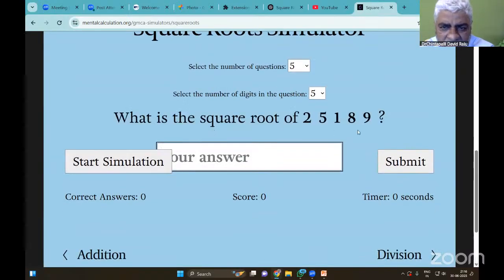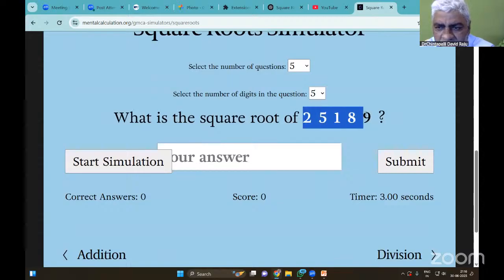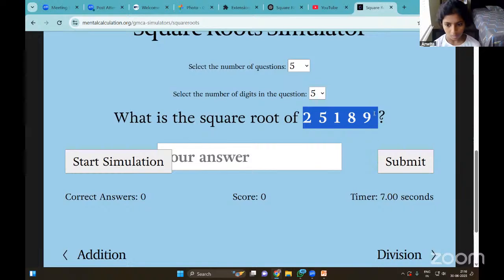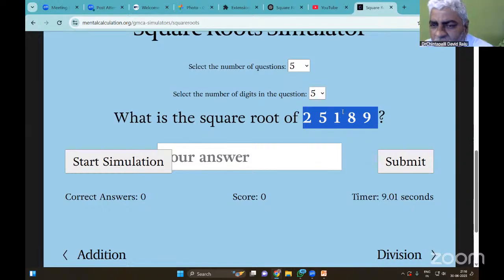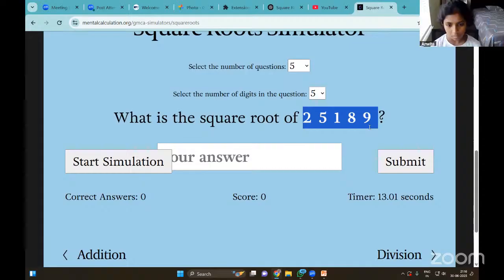Questions are like this. What is the square root of 25189, right? Okay, sir. I haven't taught you how to find square roots of numbers not ending with 5, right? Yes, sir. So far, we have discussed only square roots ending with 5, right? Yes, sir. It ends with 9 only.